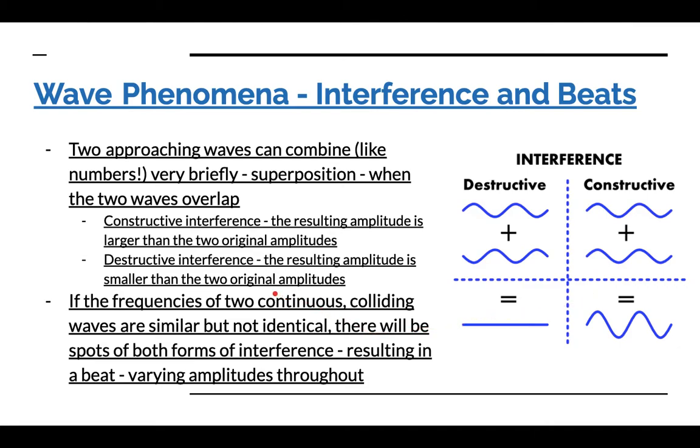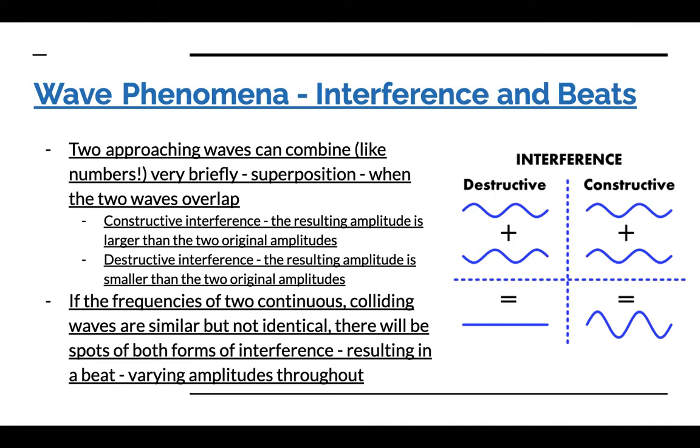When this happens, the frequencies of the two waves are similar but not identical. So there are going to be spots where the crest of one wave lines up with the trough of another wave, or the trough of one wave lines up with the crest of another.